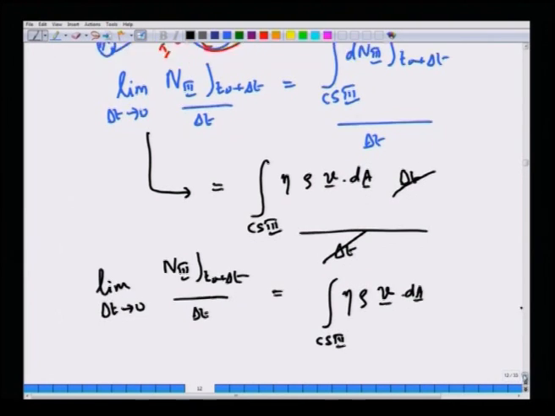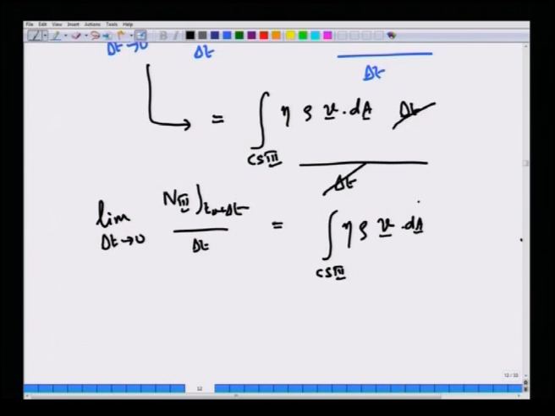Now, what this means physically is that v dot dA is the volumetric flow rate. Suppose you consider a tiny patch on the control surface 3, dA, where dA as a vector is given by its magnitude times the direction, the outward unit normal.